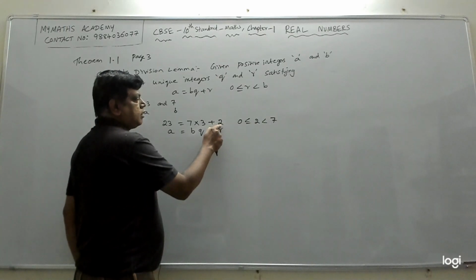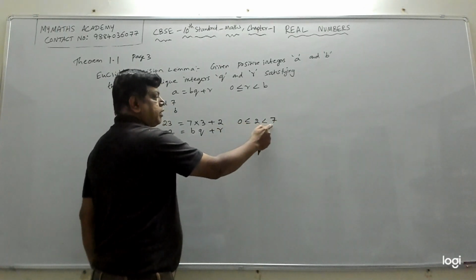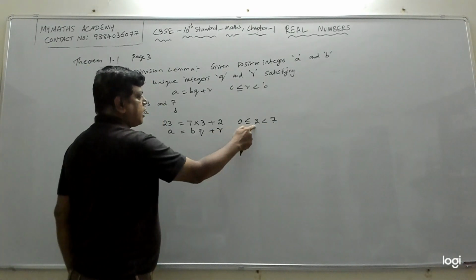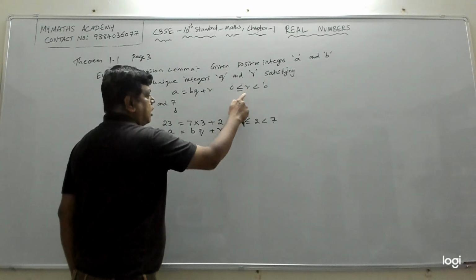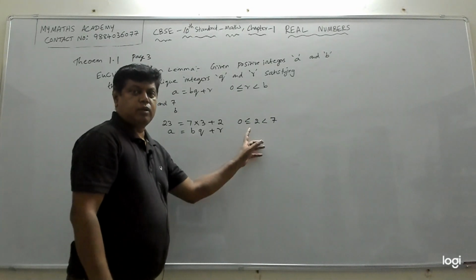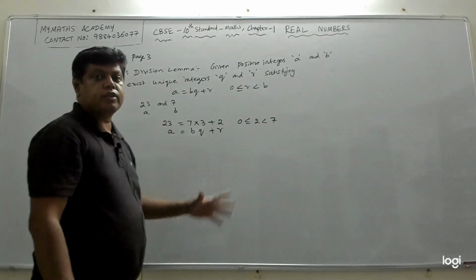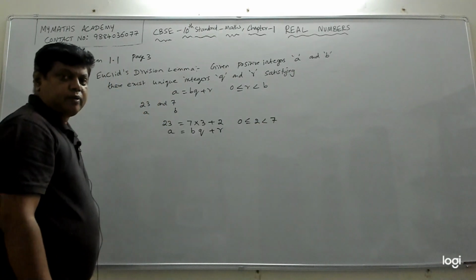The remainder should be between 0 and 7. It includes 0, but does not include 7, which is satisfied because r here is 2, and 2 is between 0 and 7. 0 is less than or equal to 2, and 2 is less than 7. So this condition is also satisfied.